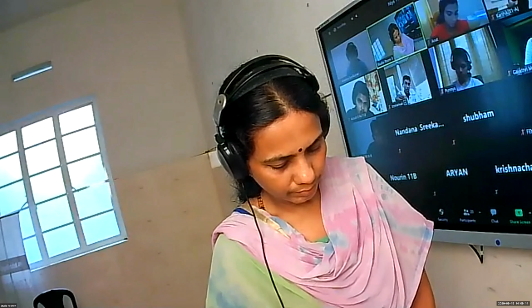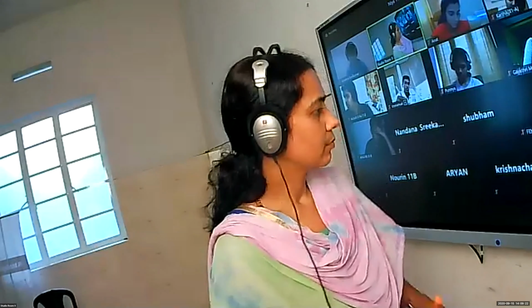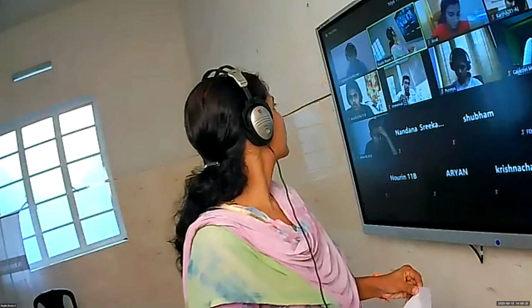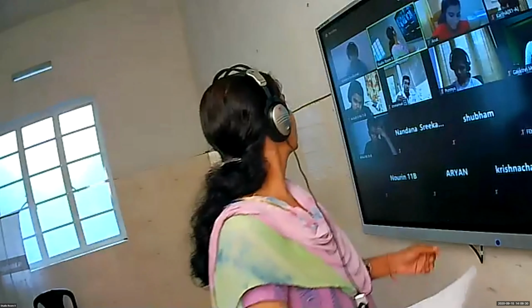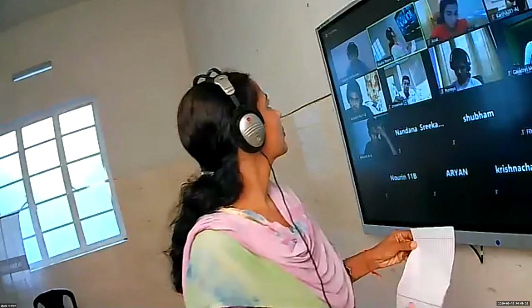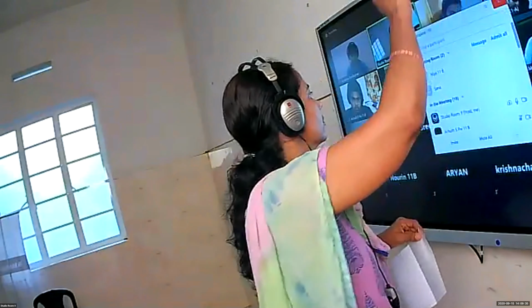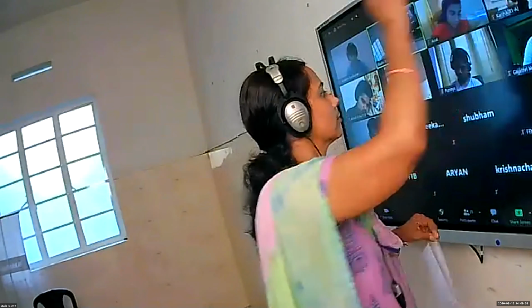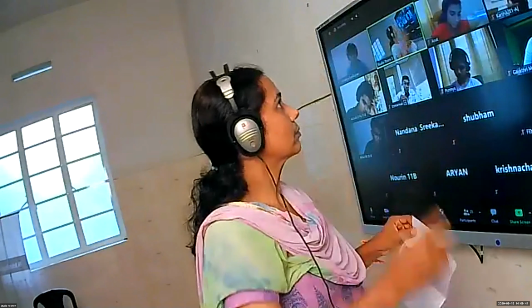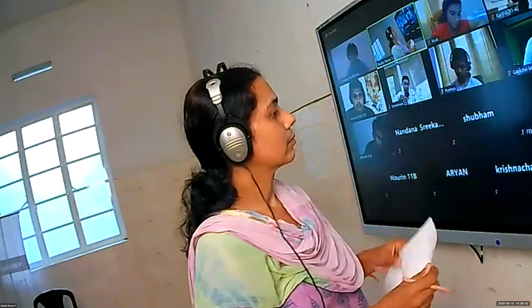Are a few there? Many are missing. Aishwarya is present.